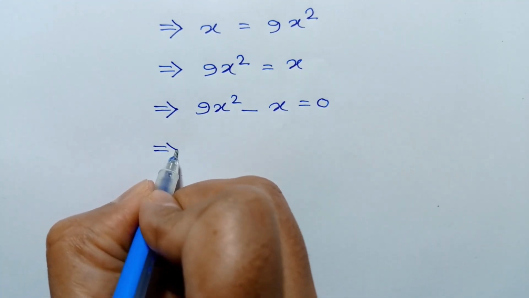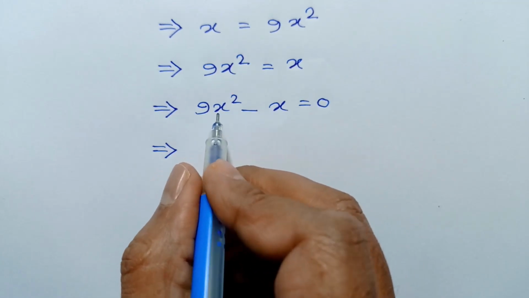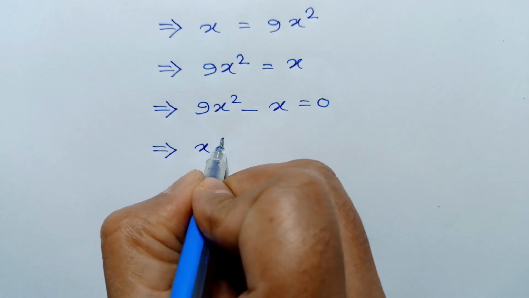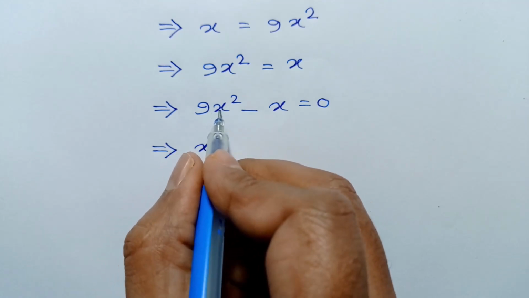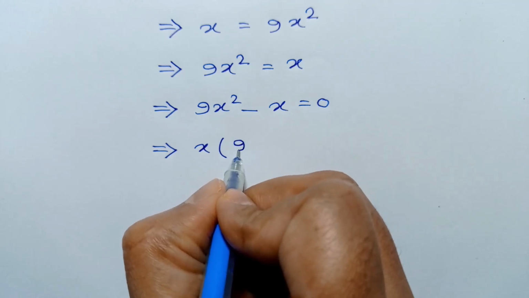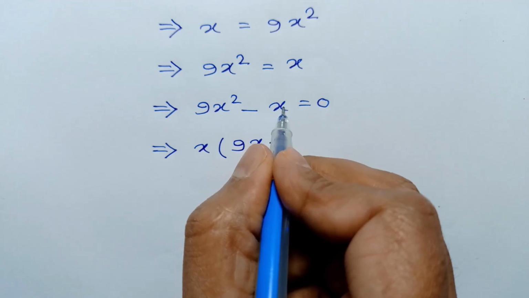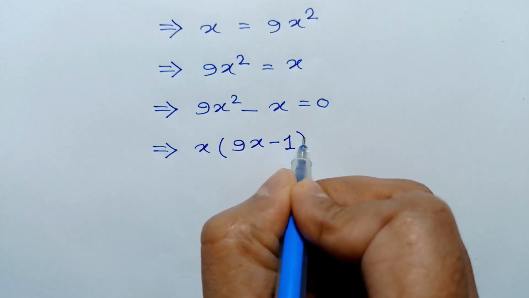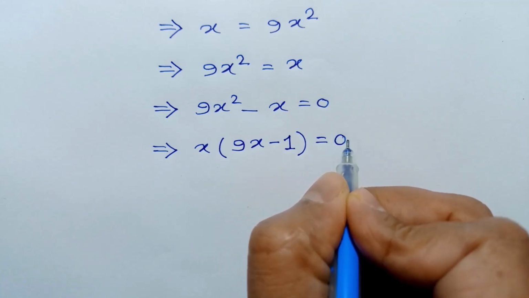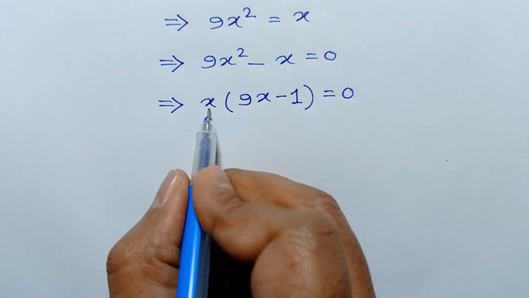Taking x common from these two terms, we can write x times 9x square divided by x, so there will be 9x, minus, taking common x from this x, here it will be 1, is equal to 0. So x is equal to 0, or 9x minus 1 is equal to 0. For the first case, x is equal to 0.